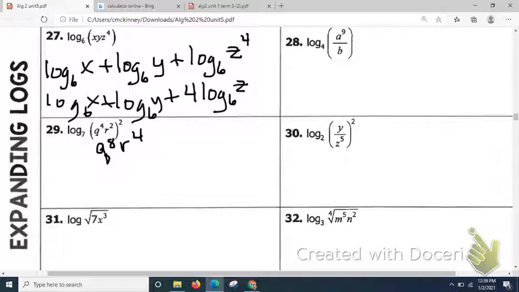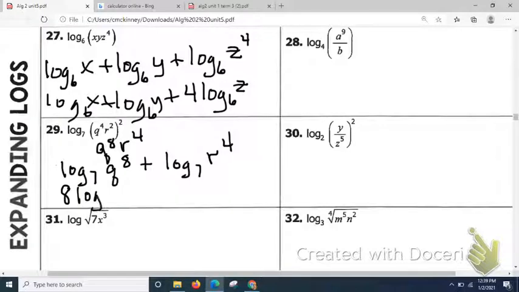So then we would have log base 7 of q to the 8th plus log base 7 of r to the 4th, and then exponents out front. Or you might just think of those exponents coming out front when you first write it down.